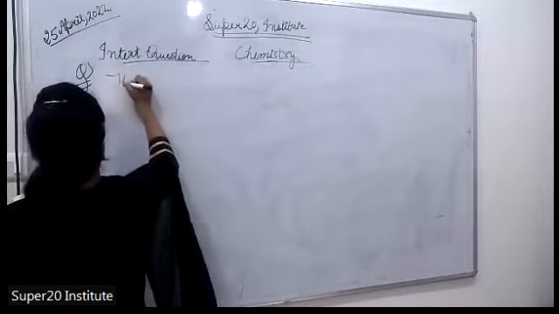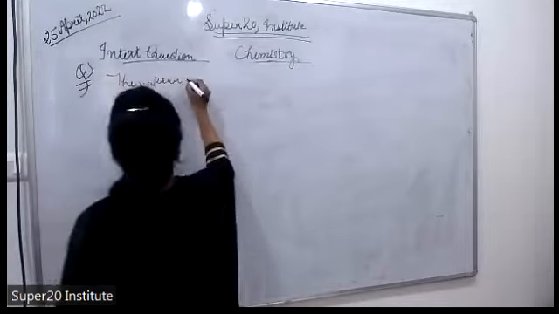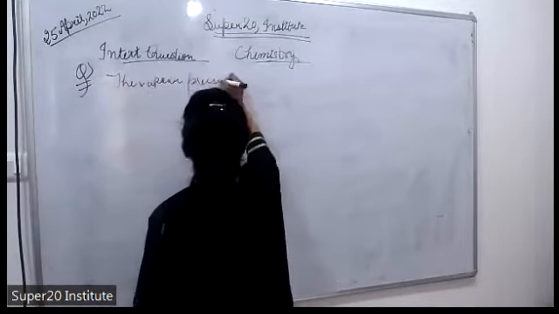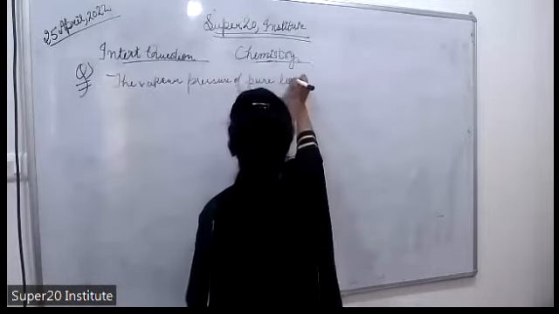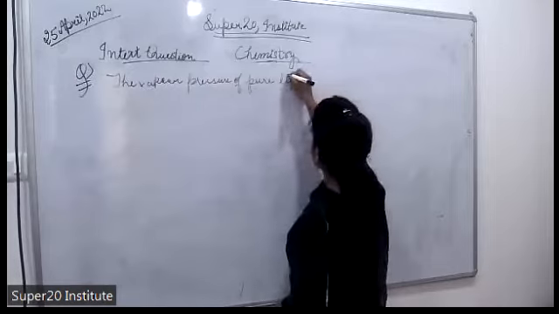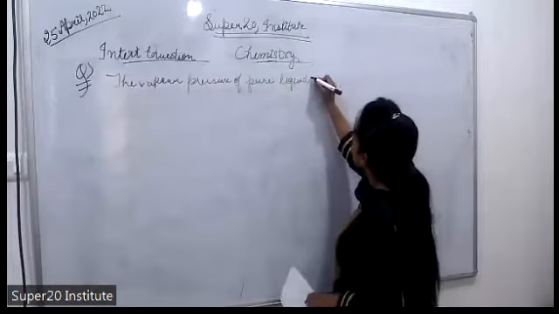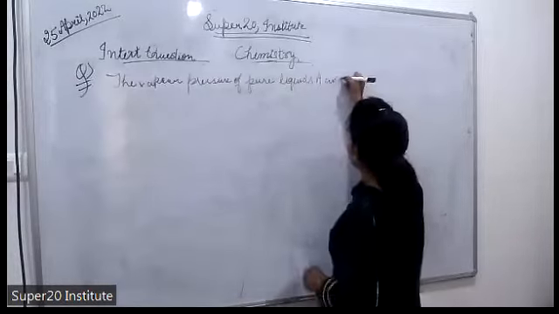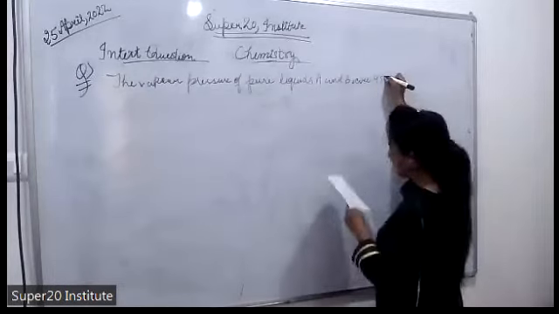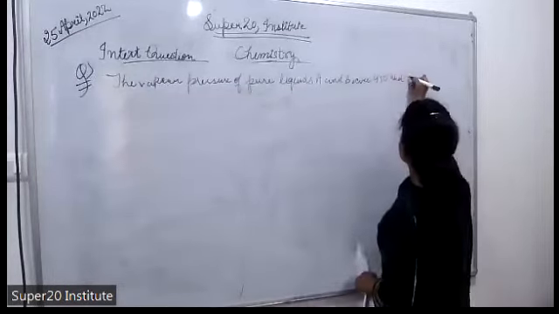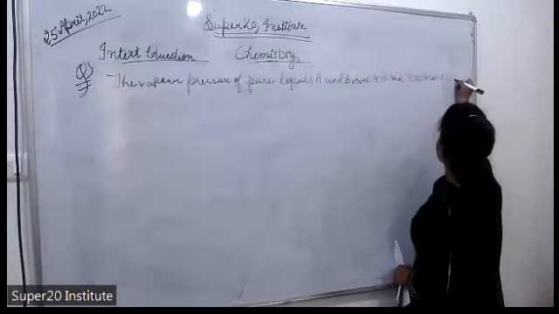The next question is based upon vapor pressure. The vapor pressure of pure liquid A and B are given. What are the vapor pressures? 450 and 700 mm of mercury.